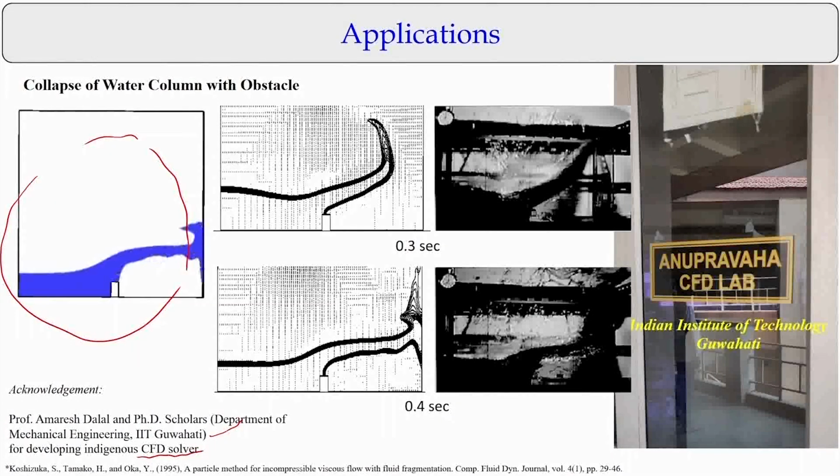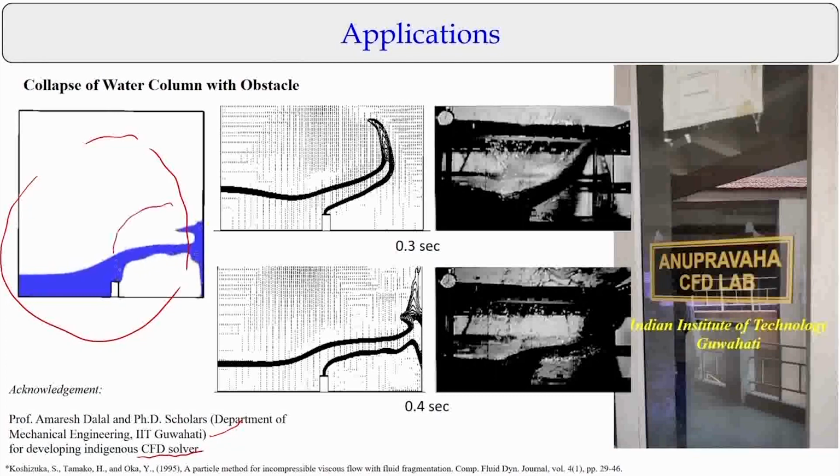That means you have a water tank that is collapsing, and then there are obstacles. Look at how the flow patterns happen on this free surface. It is very interesting what is happening, and today's CFD solvers are able to capture such complex processes.